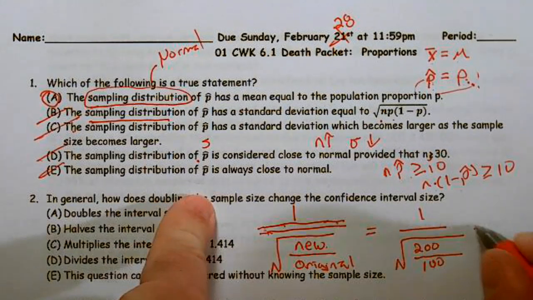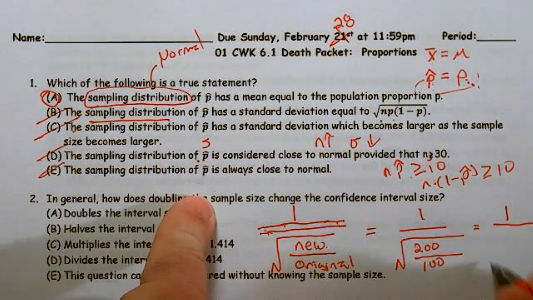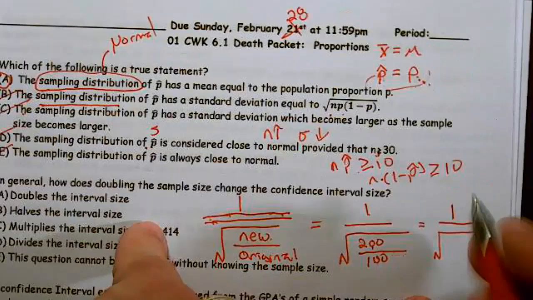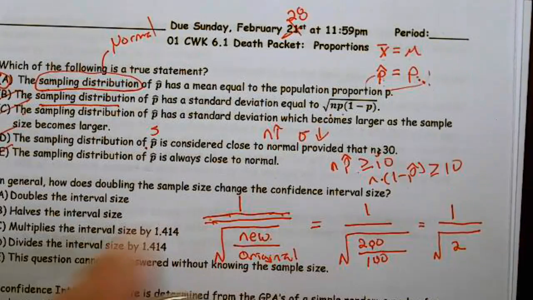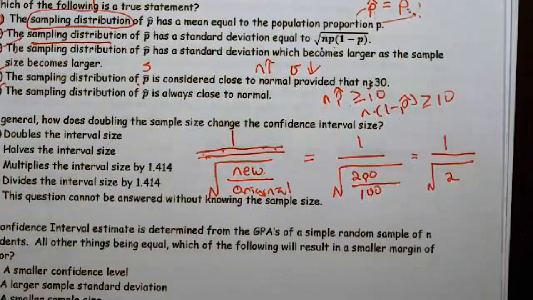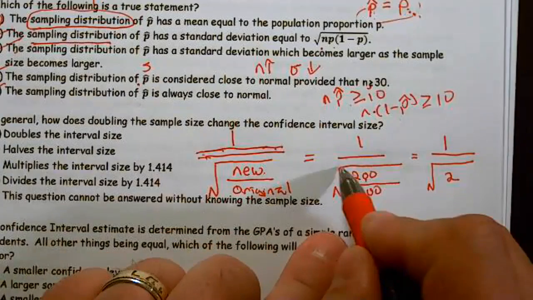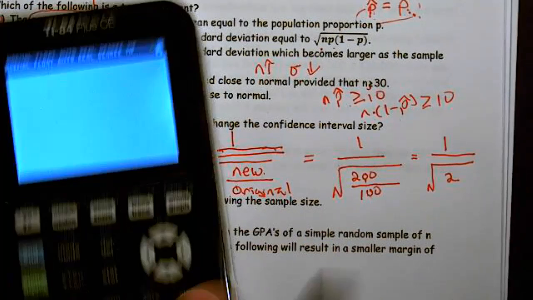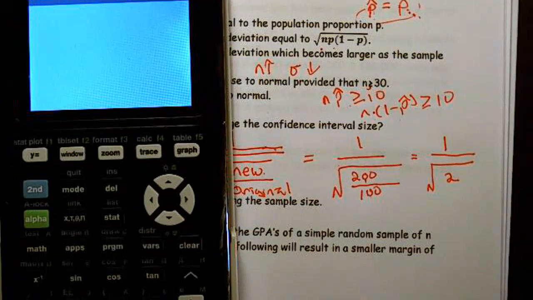Well, doing some fancy math, 100 goes into 200 2 times. So now I have 1 divided by the square root of 2. Let's find out what the square root of 2 is.